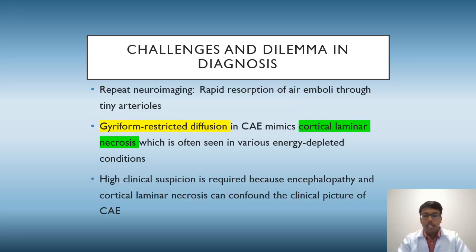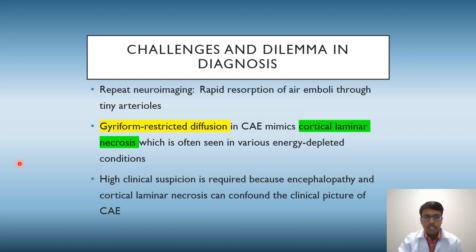But even though neuroimaging is of paramount importance, we can face some challenges and dilemmas in the diagnosis. On repeat neuroimaging, there can be a rapid resorption of air emboli through tiny arterioles where we cannot see any air emboli in the cortical hemispheres.